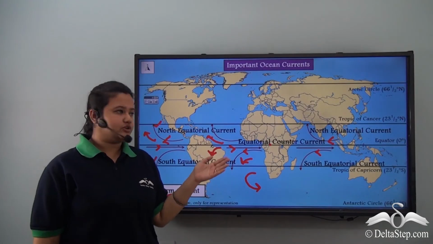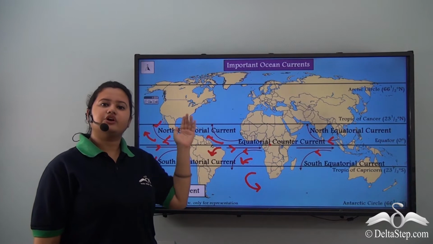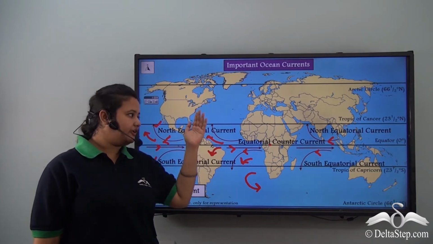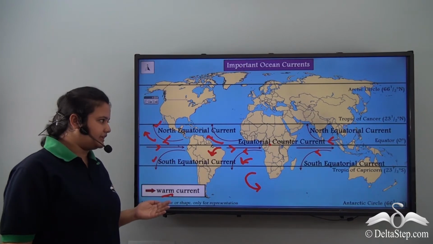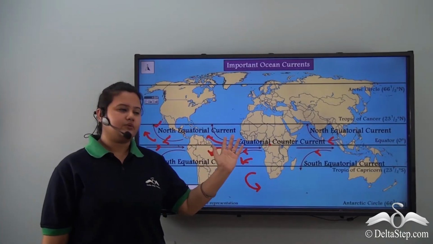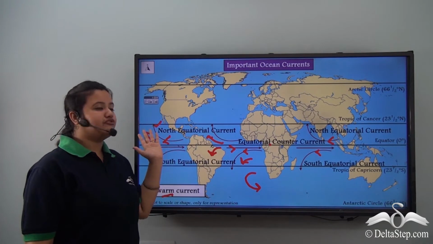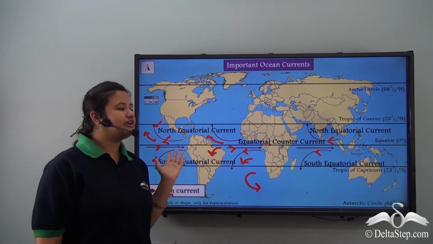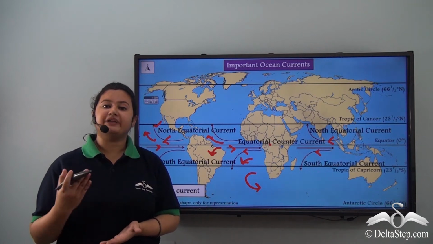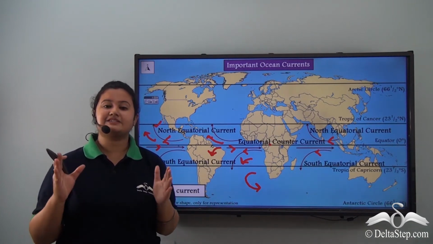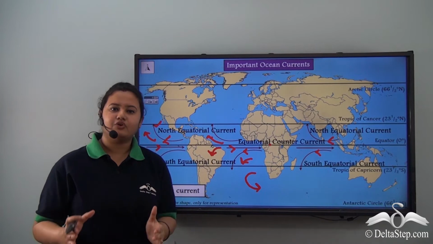The north equatorial current deflects to the right in the northern hemisphere and the south equatorial current deflects to the left in the southern hemisphere. And the equatorial counter current flows from west to east to fill up the vacuum. Now we will study about the behavior of ocean currents in the Pacific Ocean.